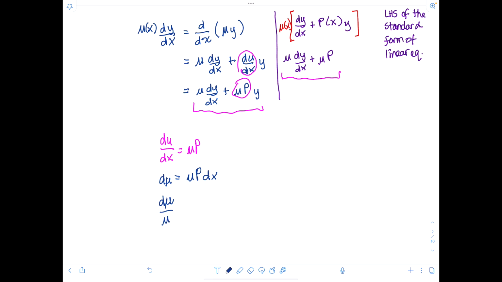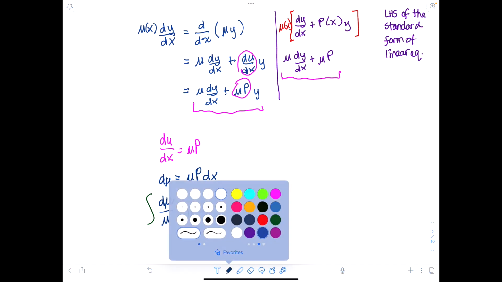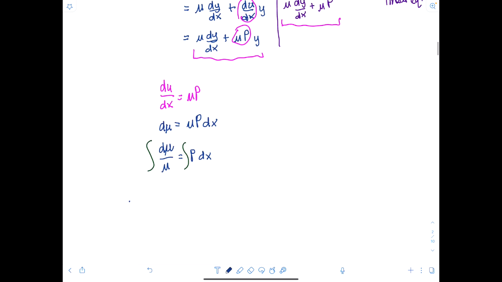over mu is equal to p times dx, and then we set up a separate, their variables are separated, and so we'll get natural log absolute mu is equal to the integral of p at x dx plus some constant c1.